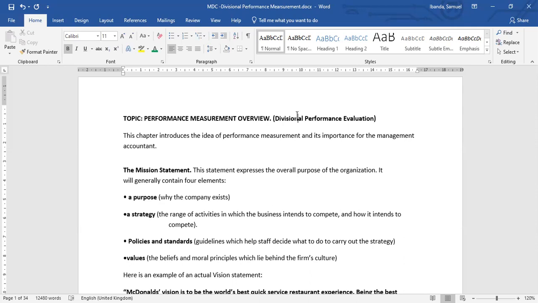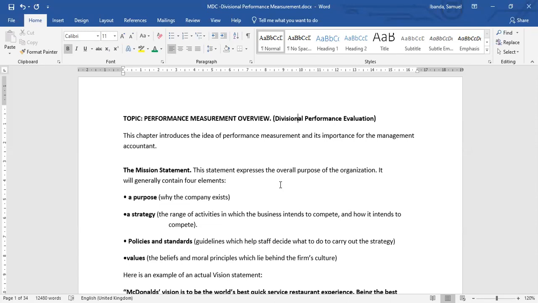That's why we are looking at this. So in this chapter, ours is to understand how different organizations measure performance, and why that is important to you as a management accountant, okay?